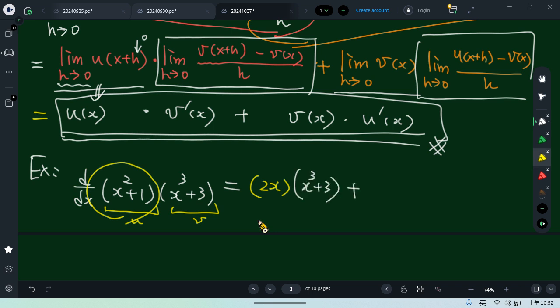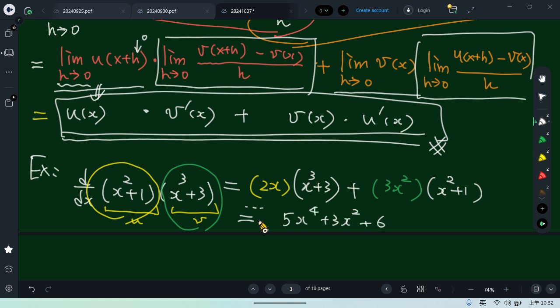Then we differentiate the second part, which will be 3x to the power 2, times the first term. Through some calculation you can get the result. I will skip the detailed calculation, but I believe it is not that hard for you.